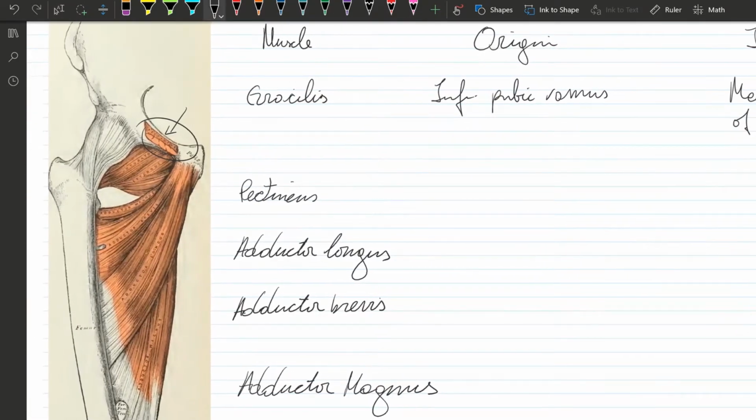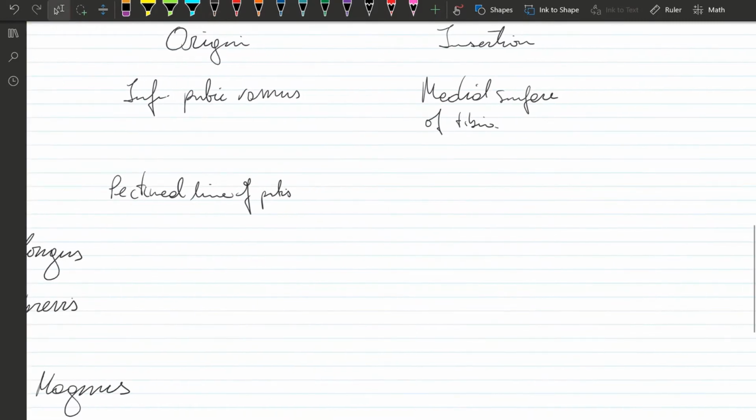Its origin, located in the pubic bone, will be the pectineal line of the pubic bone or pubis. Its insertion is going to be on the femur, at the linea aspera and the lesser trochanter.